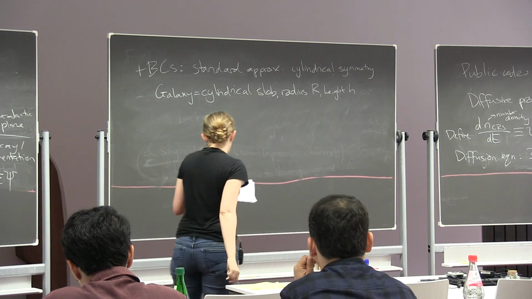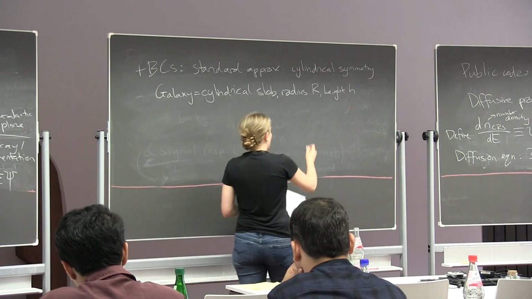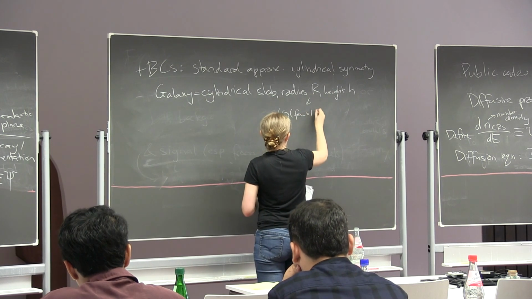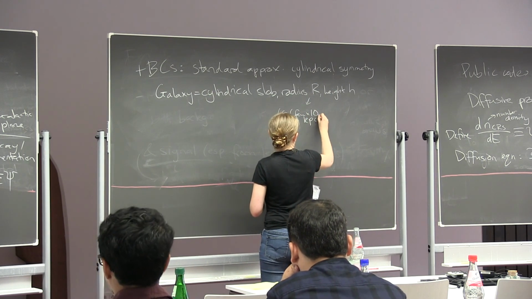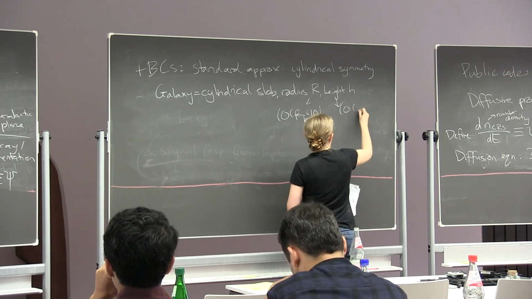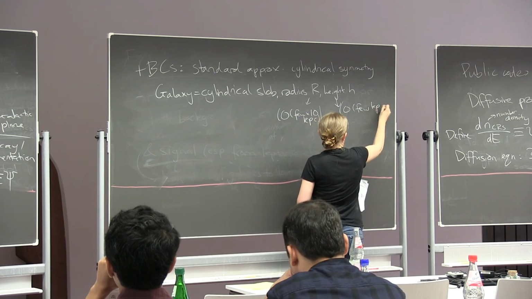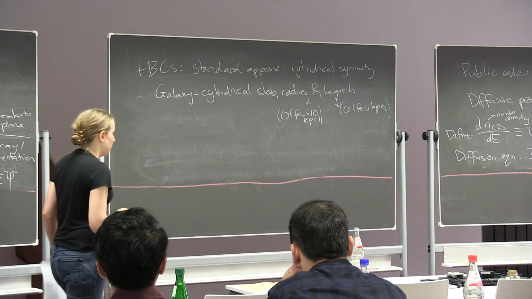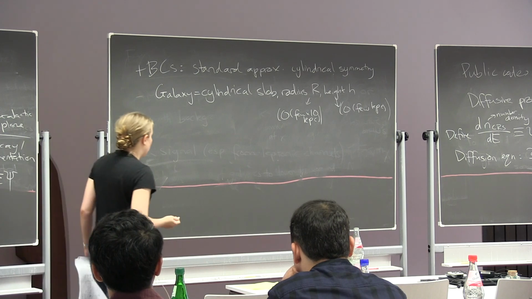Typically this radius r will be of order a few tens of kiloparsecs for a Milky Way sized object, and the height will be of order a few kiloparsecs. Again, just for scale, the Earth is about 8.5 kiloparsecs from the center of our galaxy.